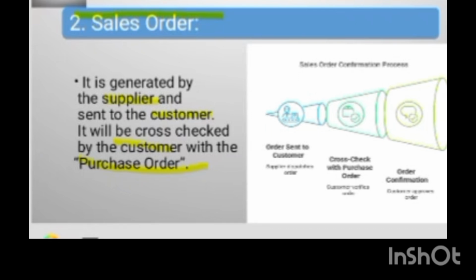Now, the customer will receive his order with the sales order slip, and will match that slip with his purchase order slip to tally, to see if it is the same as he ordered before.